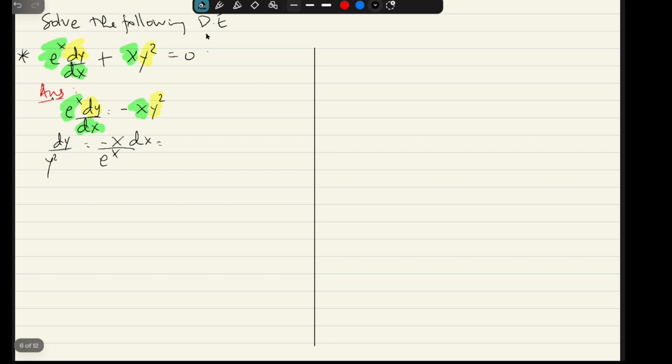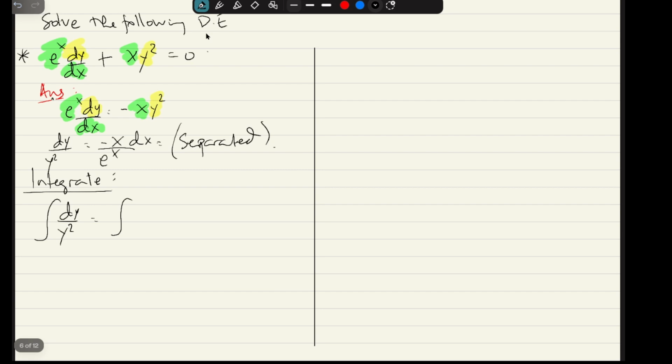You can say this is separable, separated, and therefore the next step is to integrate. So the integral of dy over y squared equals the integral of, we're going to bring the e to the x to the top.